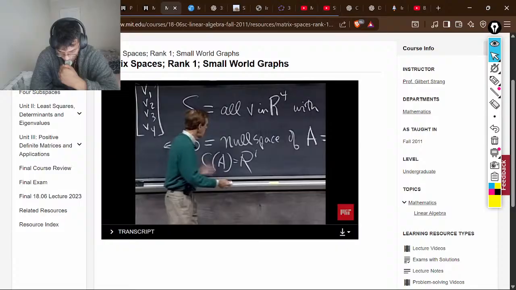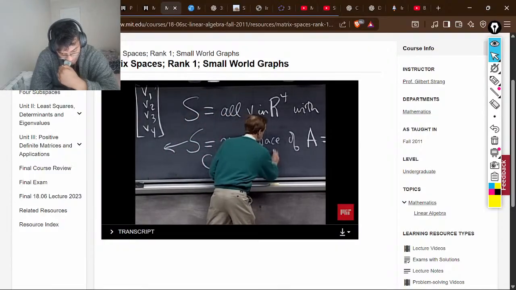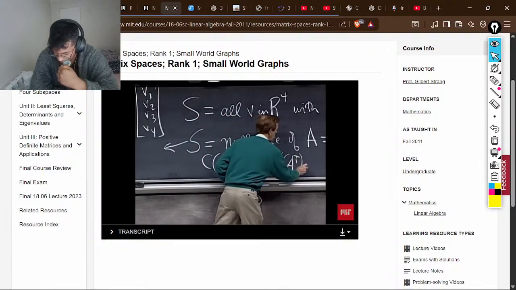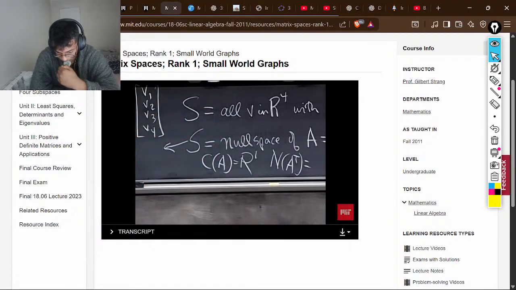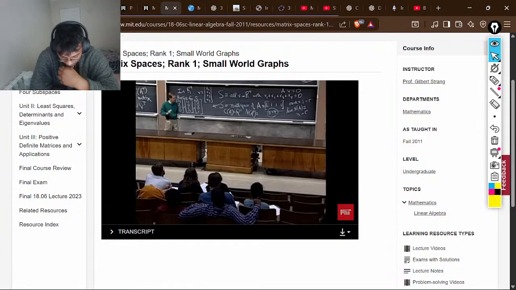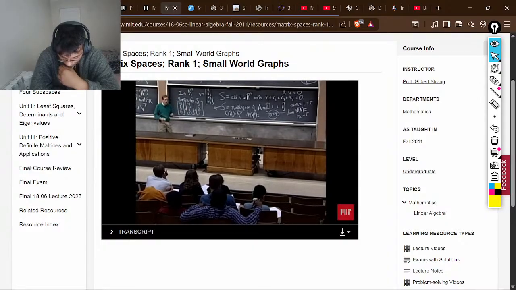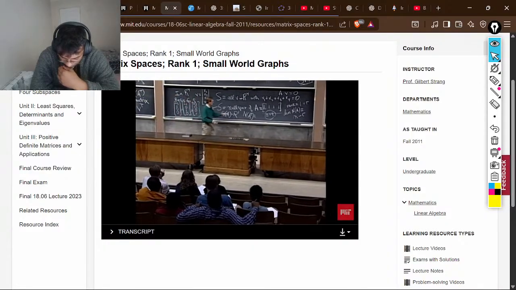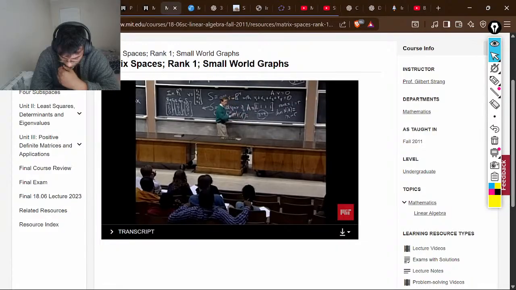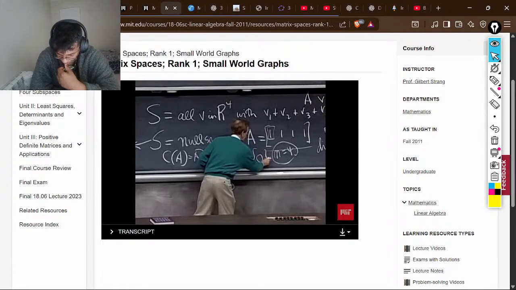And what's the remaining fourth space? The null space of A transpose is what? We look for combinations of the rows that give 0 for A transpose, and the only combination of these rows to give the 0 row is the 0 combination.